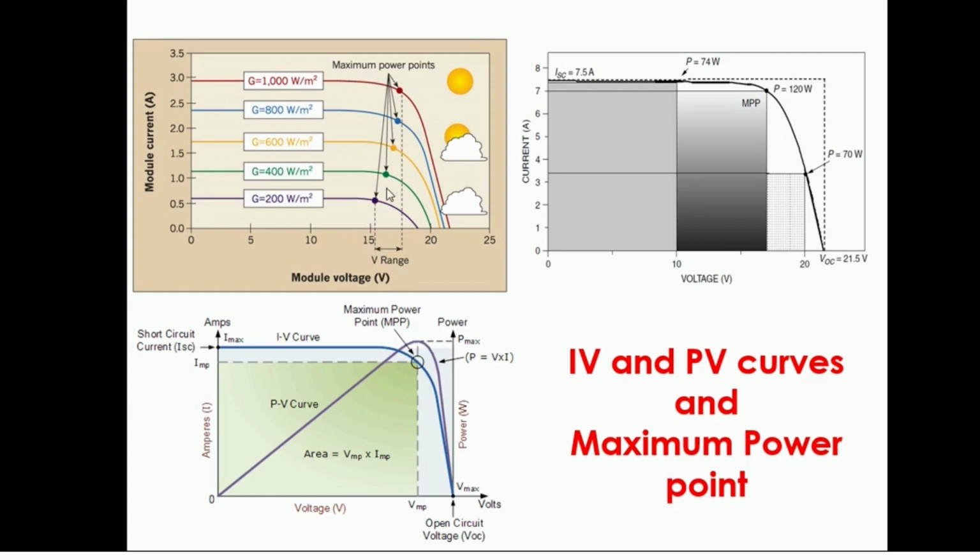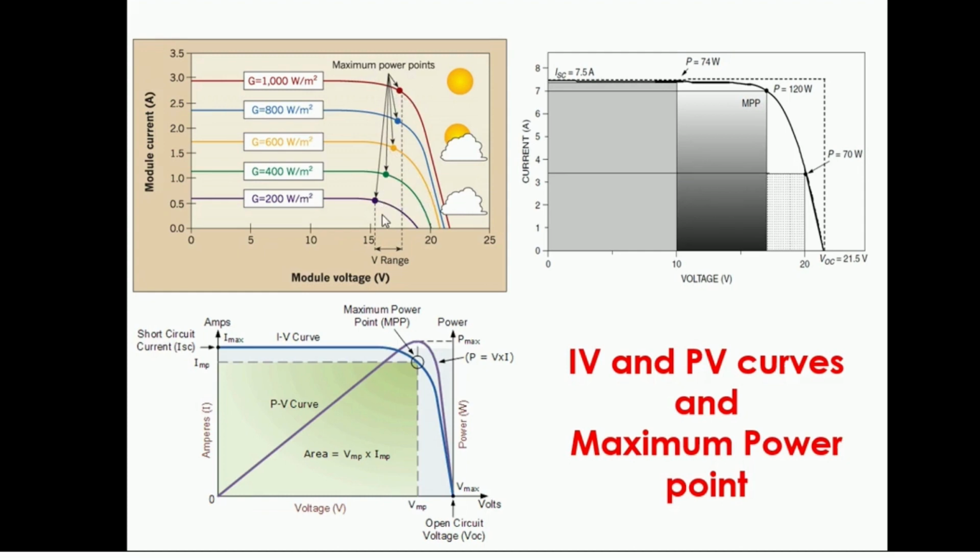In the earlier sessions, what we tried to conclude from the IV curve is that usually the radiation and temperature both vary simultaneously, but the short circuit current mainly depends upon the radiation and the open circuit voltage mainly depends upon the temperature. So our basic aim of this discussion is to track these points, and these are the maximum power points.